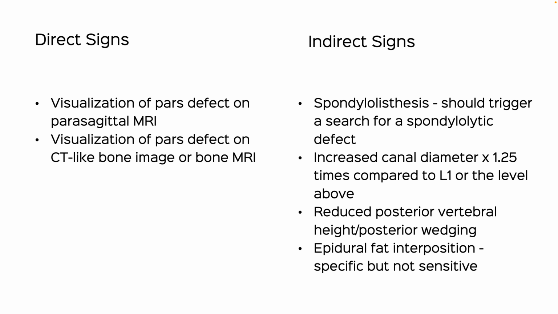So now if we have to talk about the signs of spondylolysis, your direct signs would include not just visualization on parasagittal MR, but visualization on a CT-like bone image or bone MR, and those 4 indirect signs remain the same.